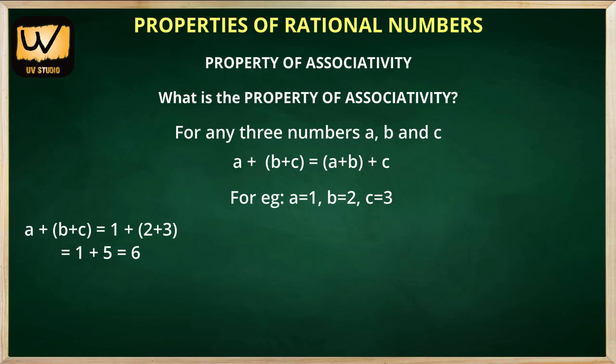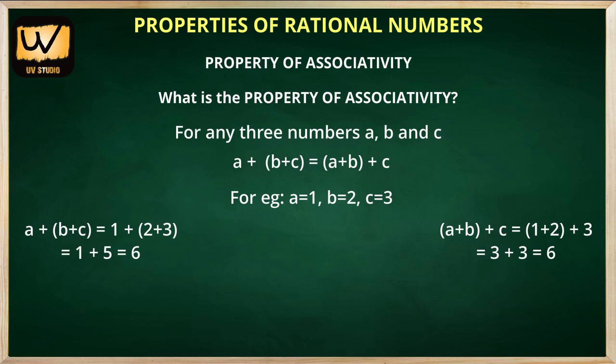Now see the right hand side. It is brackets A plus B, and to that addition you have to add C. And what are the values? A is equal to 1, B is equal to 2 and C is equal to 3. So let us substitute that in the right hand side. Into brackets 1 plus 2, close the bracket, plus 3.